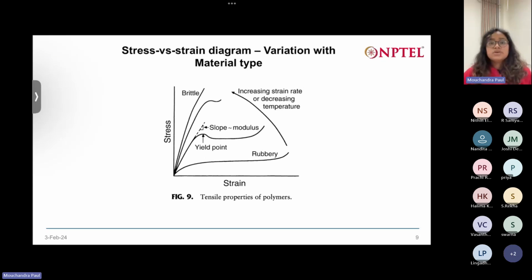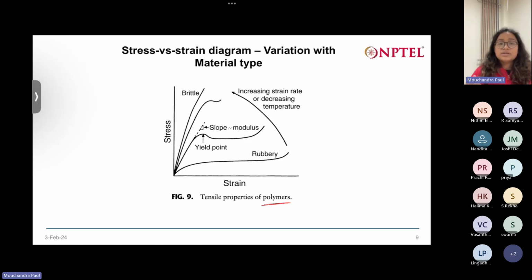Okay. Now here we have a stress and strain diagram, but I'm trying to show you that the nature of this plot varies with what material you're using. This particular diagram is for polymers, but various kinds of polymers can show a brittle nature or a rubbery nature, and similarly you can show it for metal as well, for ceramic as well.